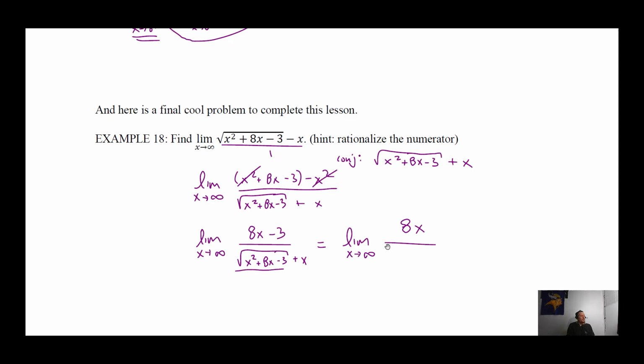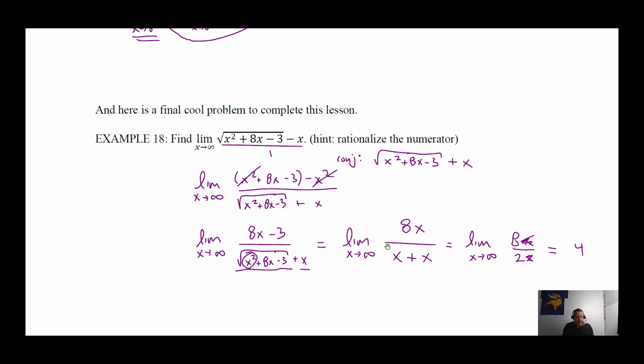Bottom, from the radical, the x squared dominates. So we have an x squared under a radical, that's just an x, plus x equally dominates. So we have an x plus an x. Both of these are parts of the dominant pieces, leaving us with the limit as x goes towards infinity of 8x over 2x. The x's reduce. 8 divided by 2 is 4.